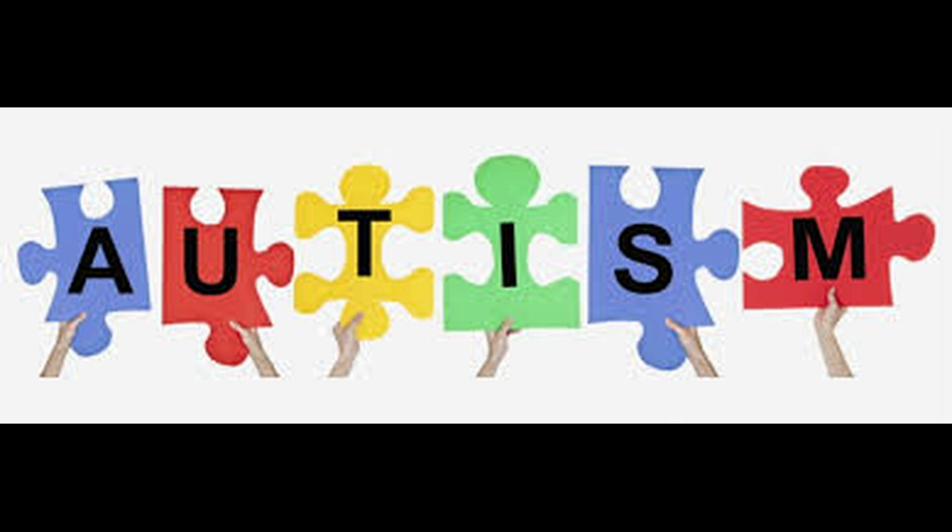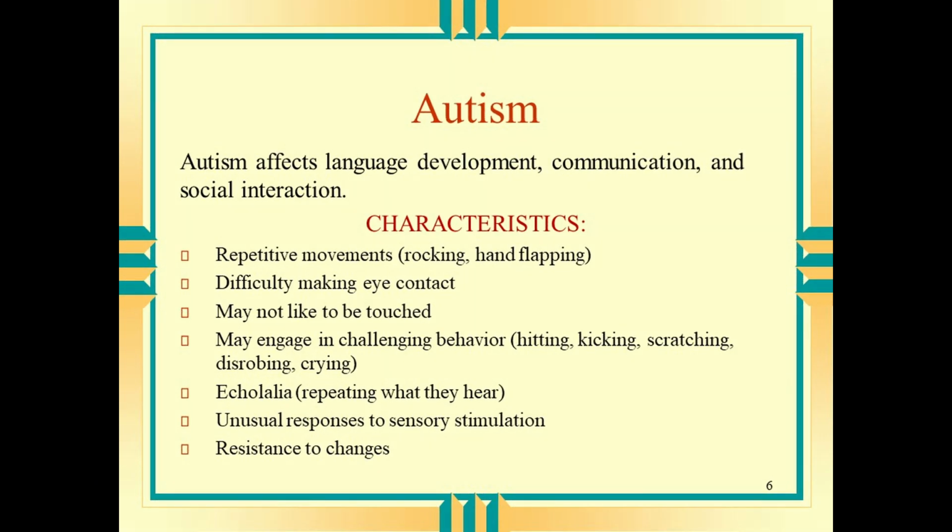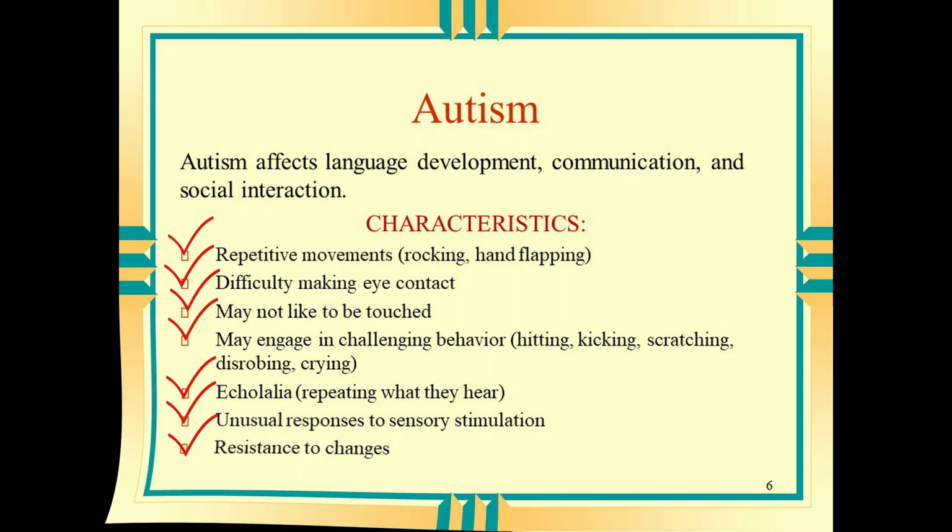Students with autism may exhibit some or all of the following characteristics: repetitive movements, such as rocking or hand flapping, difficulty making eye contact, may not like to be touched, may engage in challenging behavior such as hitting, kicking, scratching, disobeying, crying, echolalia, repeating what they hear, exhibit unusual responses to sensory stimulation, and be resistant to changes.